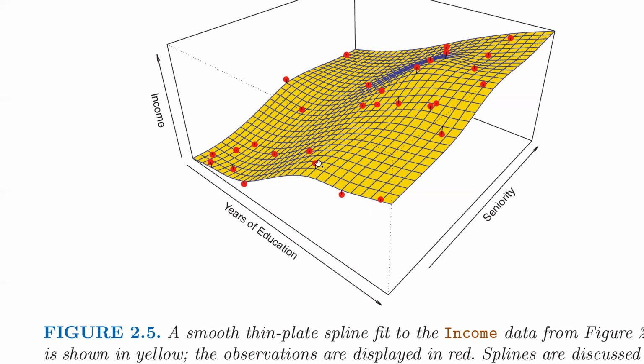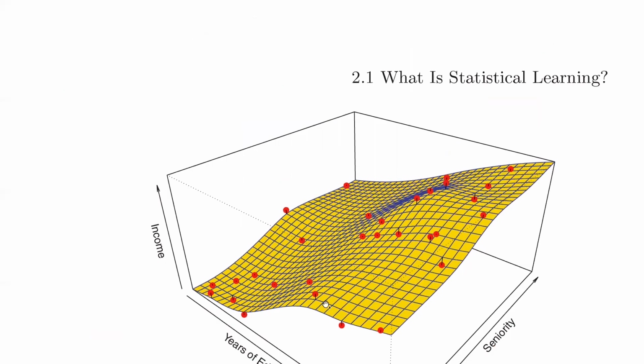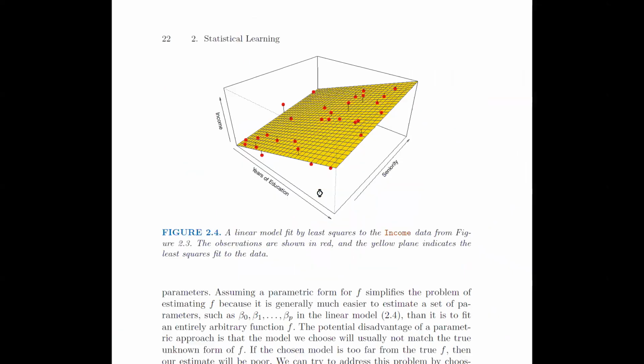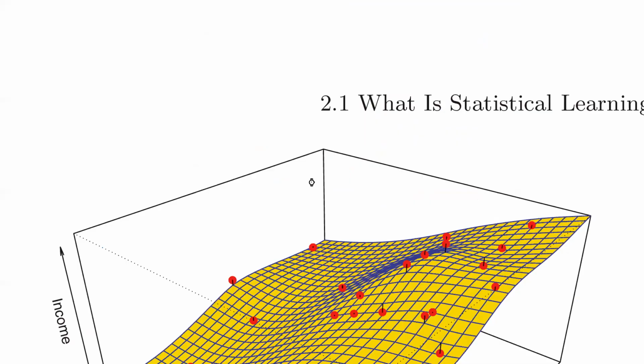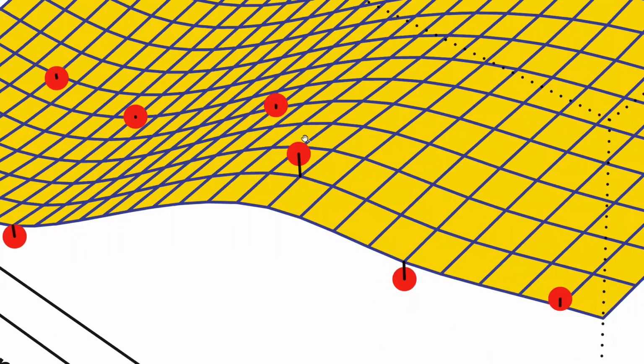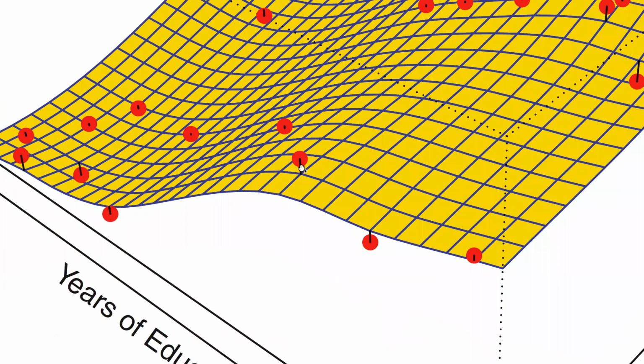So this specific red point is at a specific location described by 3 coordinates: number of years in education, the number of years of work experience, and the income.